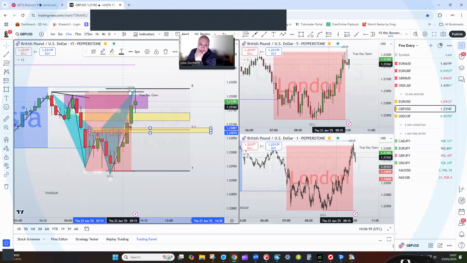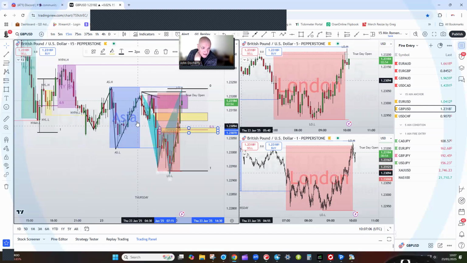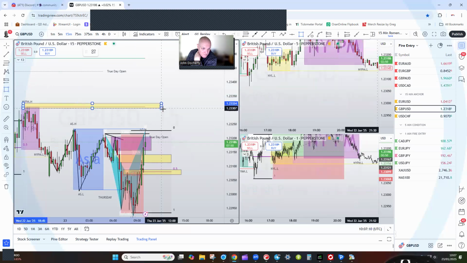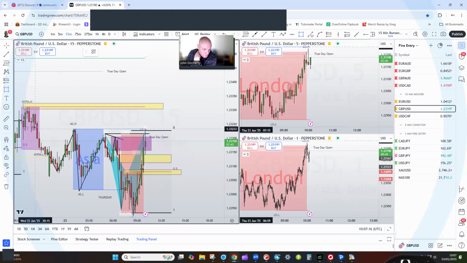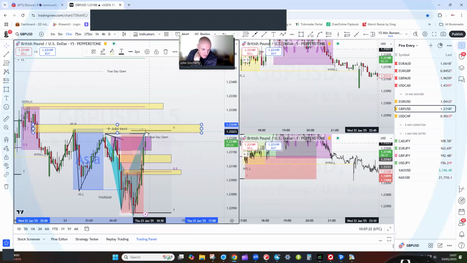So again, we do have to anticipate a pullback down into the area of this. We do have key areas on the buy side, which is the liquidity high of the PM session. We also have fair value, which is that there. It did get tapped into, it's about 50%, but that is the rest of that fair value gap there as well.